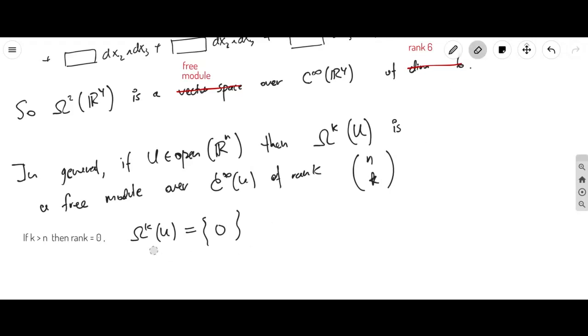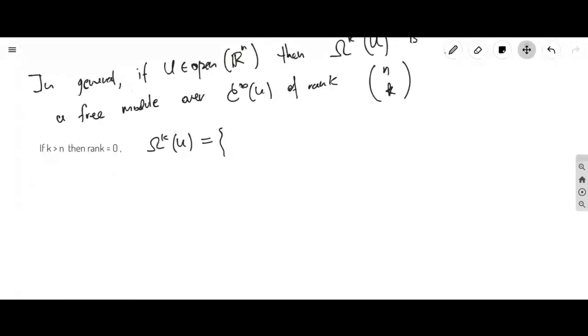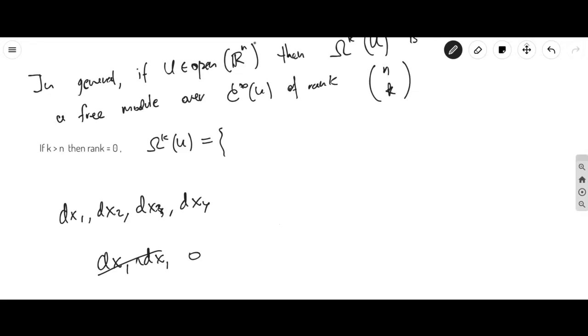You always include 0, because you could say something like, let's say you have 4 differentials, 1, 2, 3, 4. You could do dx1 wedge dx1, but when you do that, that gives you 0. So you always include the formal 0 in every single one of these.